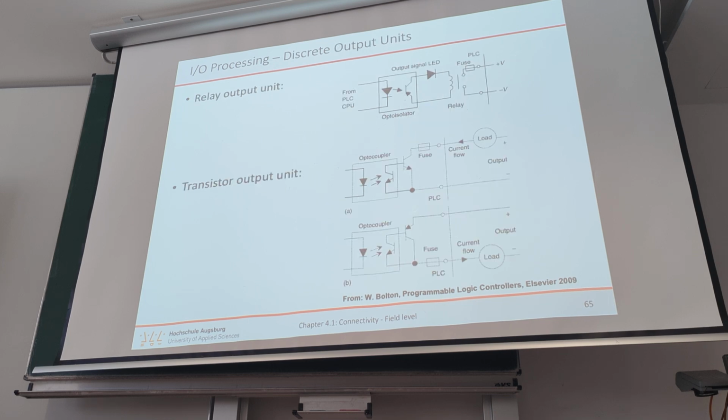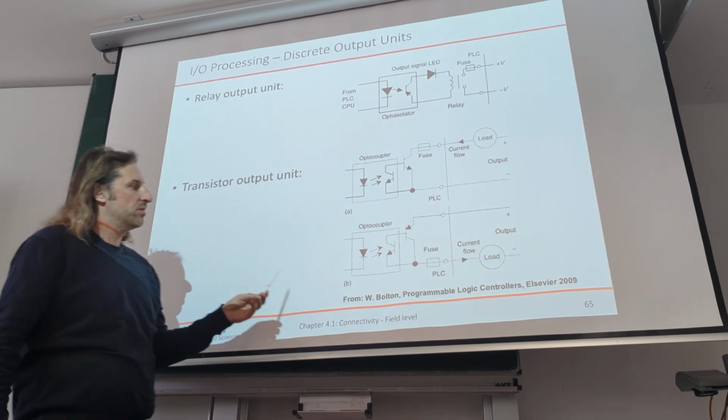Okay, if we go the other way around, we usually use two types of outputs. We have a relay output and a transistor output. The transistor output is much cheaper, and it's also faster and so on.